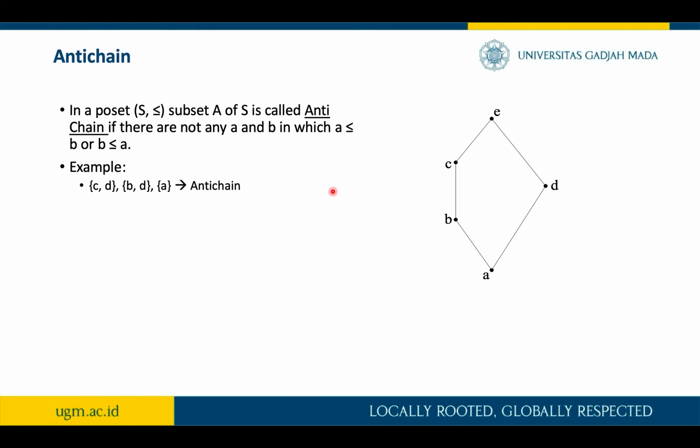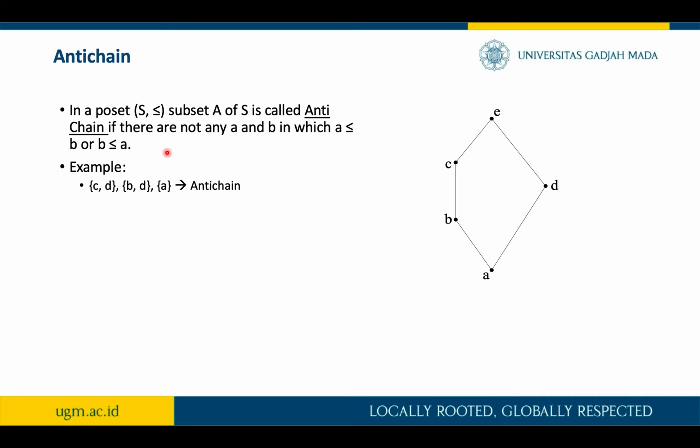We have chain and we also have anti-chain. In a poset, a subset A of S is called an anti-chain if there are no elements a and b in it for which a is less than or equal to b or b is less than or equal to a.